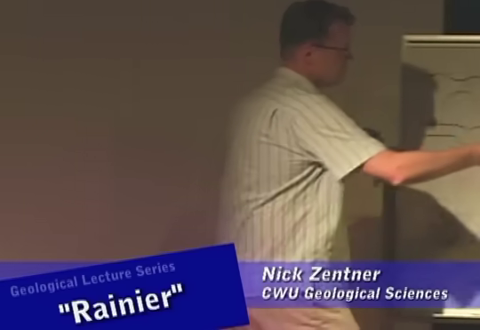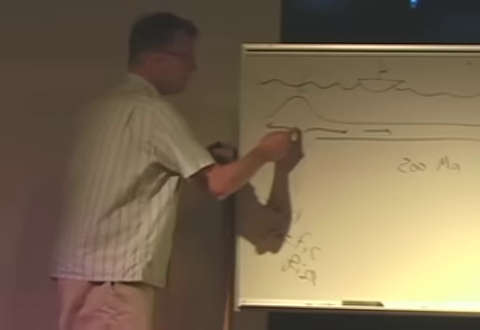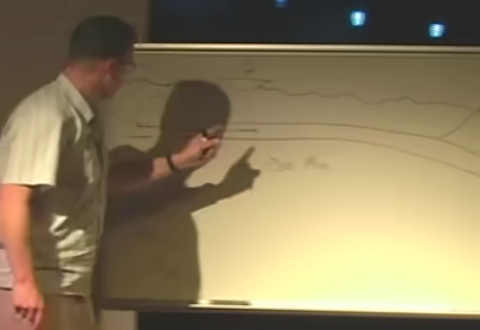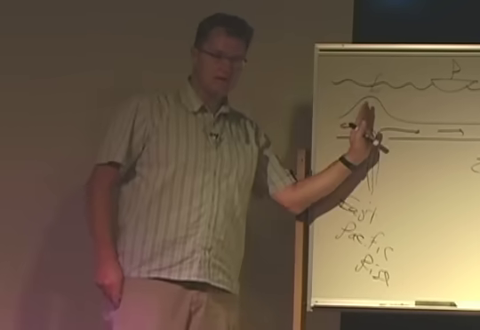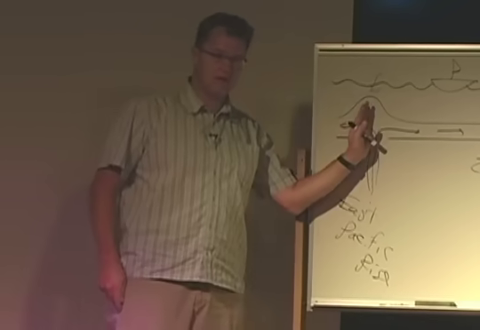The distance between Westport and the East Pacific Rise was a hell of a long way 200 million years ago. And now, it's not that far. In other words, the North American plate has been slowly inching closer and closer to this stationary East Pacific Rise over the last 200 million years.